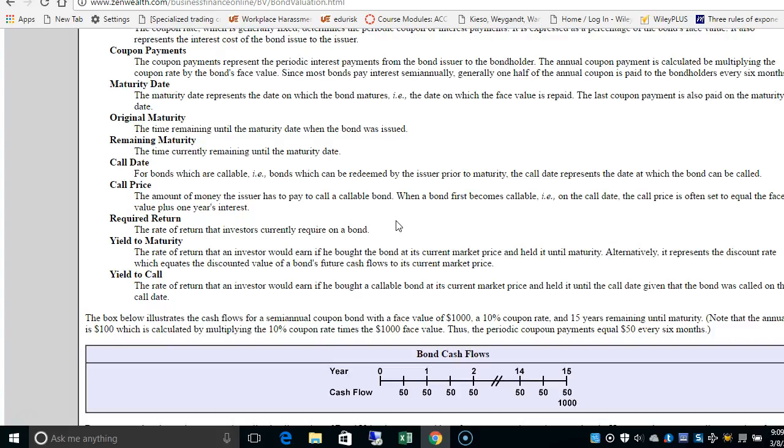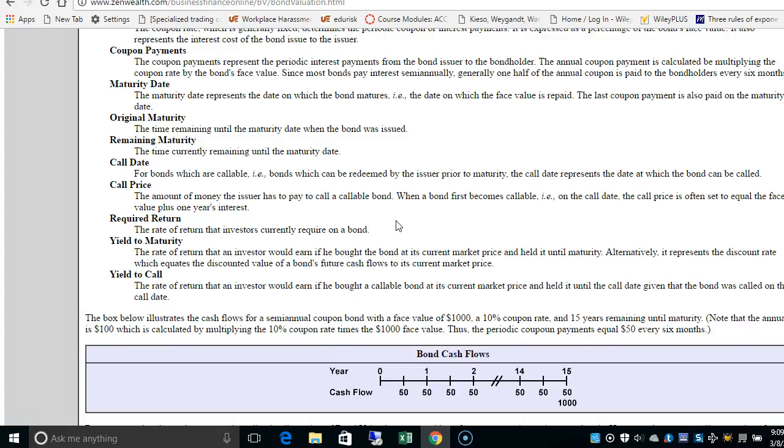It's no different than refinancing your mortgage on your house. When you buy your house, you lock in a fixed rate. Leave aside adjustable rates for the moment. You normally will lock in a fixed rate over 30 years. Well, let's say you bought a mortgage at a 5% fixed rate, and then you experience what we've experienced in the last 10 years, where the 30-year rate fell to 3%.